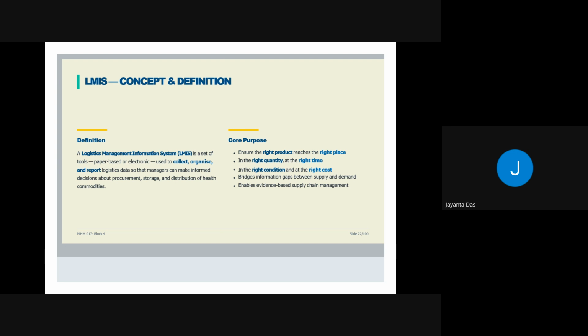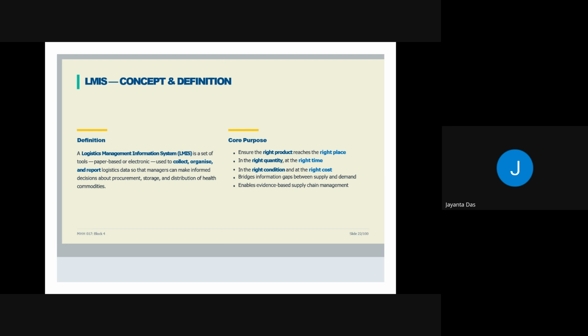The core purpose is to ensure the right product reaches the right place, in the right quantity, at the right time, in the right condition, at the right cost. Cost, as always, is a very crucial aspect, and finance or money is always in short supply. So how best can we utilize every rupee spent and get the best result out of it.